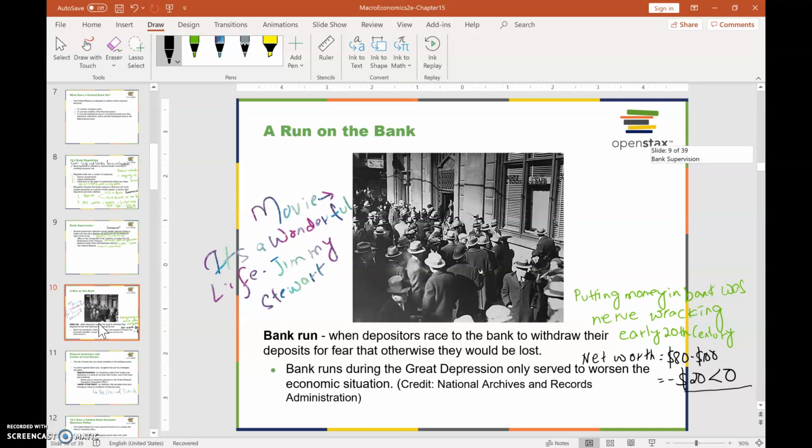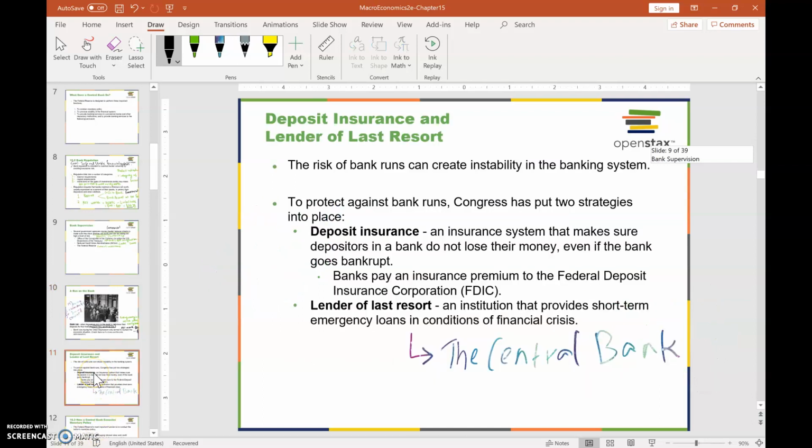And here we have depositors racing to the bank to withdraw their deposits for fear the money they put in the bank would be lost. In these days, the risk of bank runs can create instability, and the Congress has put 2 strategies in place.